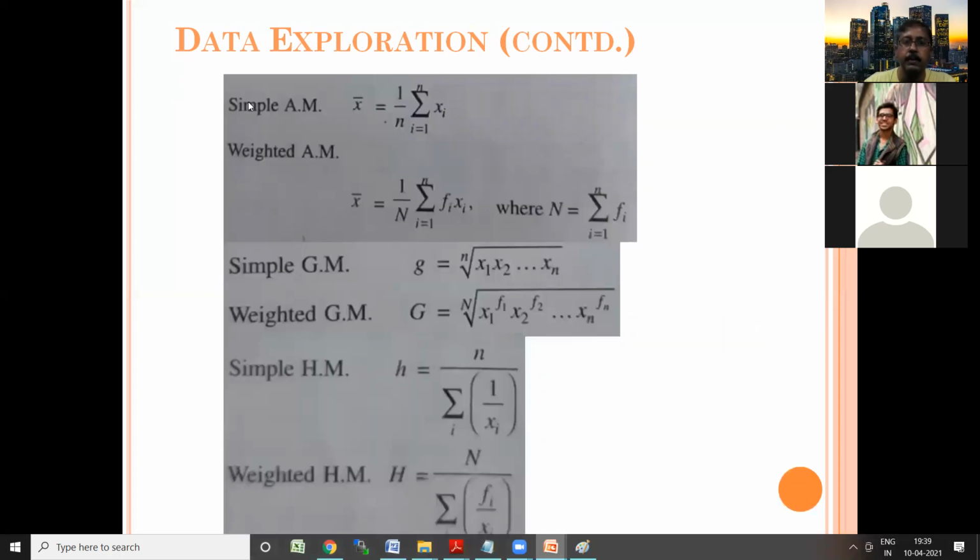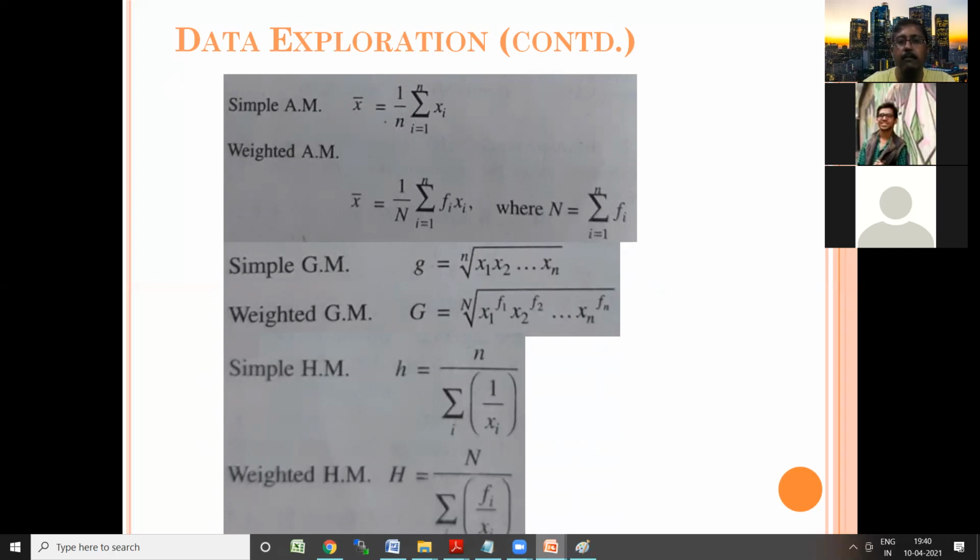Arithmetic mean again can be of two types: simple arithmetic mean, where there is no frequency concept. So for each of the observations, there is a single value, and we calculate the arithmetic mean. Or there can be a weighted arithmetic mean, where for each of the values xi, we have got a frequency. So say for example, the mark 62 is obtained by 3 students, mark 63 is obtained by 5 students.